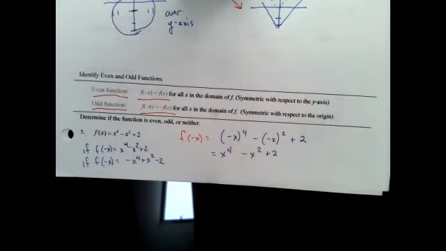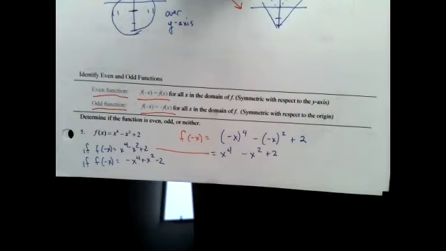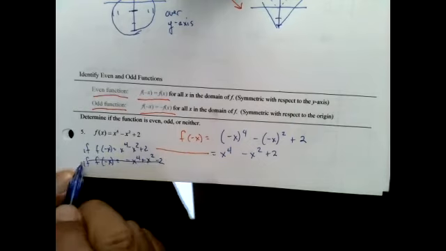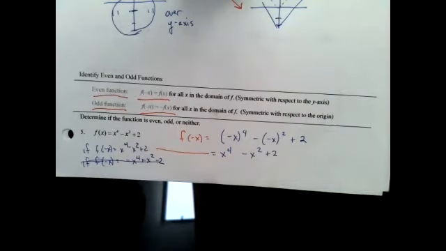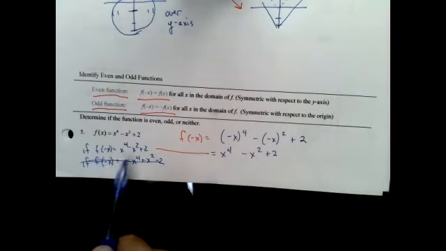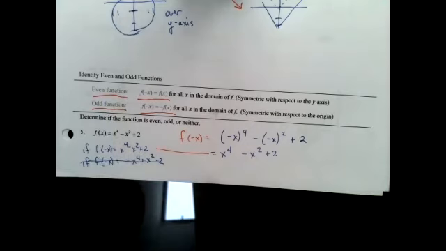And I'm going, woohoo, because it's this one right here. So f of x and f of negative x were the same. So this is an even function. So when I graph it, it's going to be symmetrical to the y-axis.